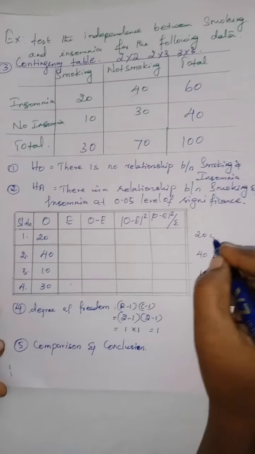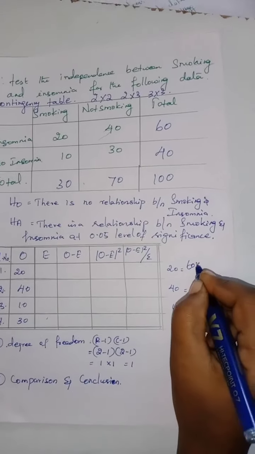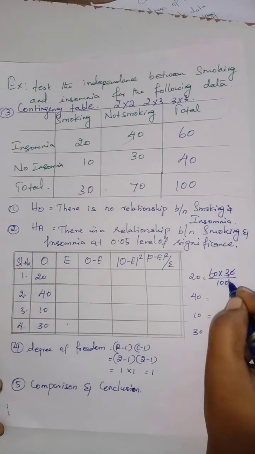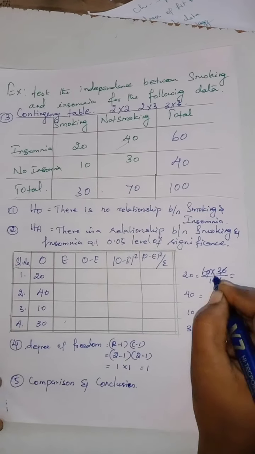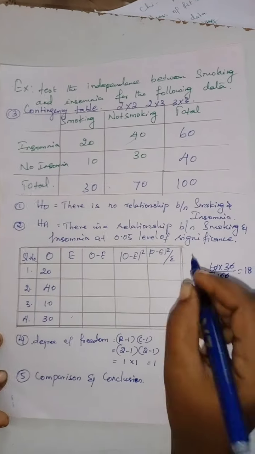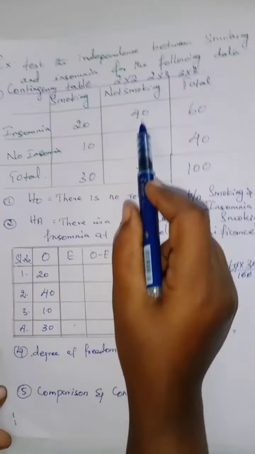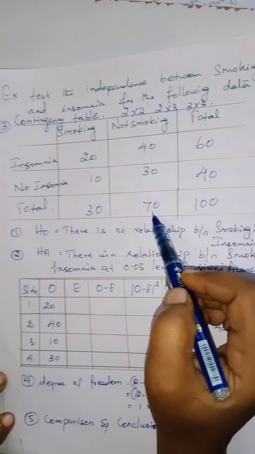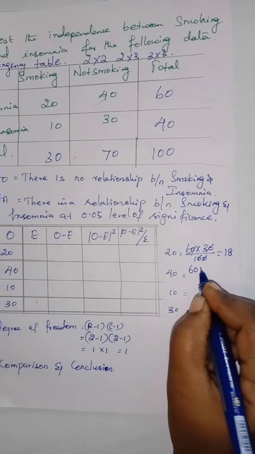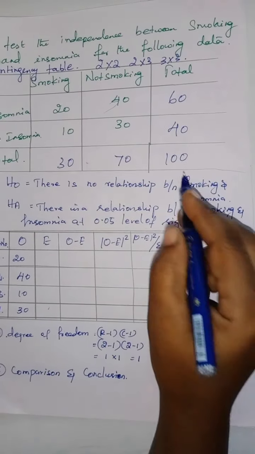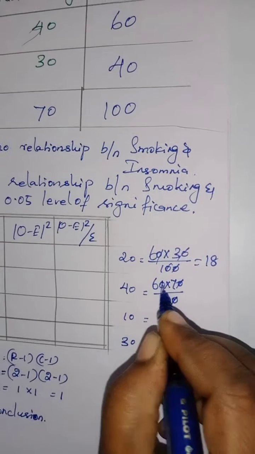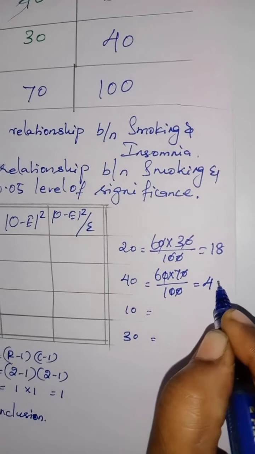For 20, let us calculate 60 into 30 divided by 100. How much do we get? Simply, 6 3s are 18. For 40, the row total is 60, the column total is 70, 60 into 70 and the grand total is 100. 6 7s are 42.